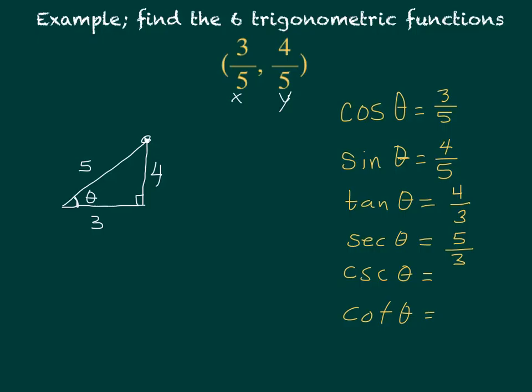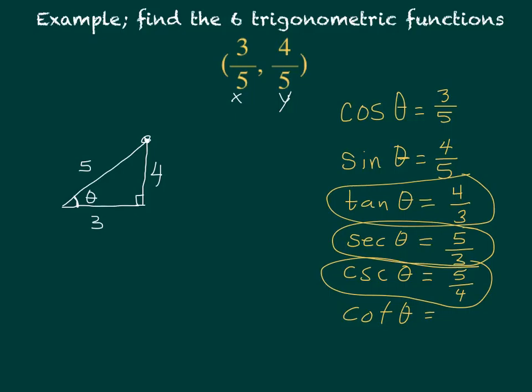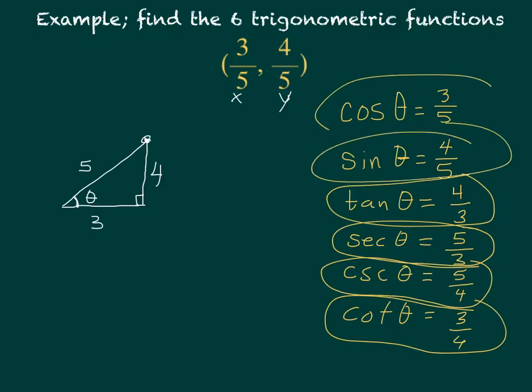Cosecant is 5 over 4. And finally, cotangent is 3 over 4. All you have to do is flip them. All right, so that would be finding the 6 trigonometric functions.